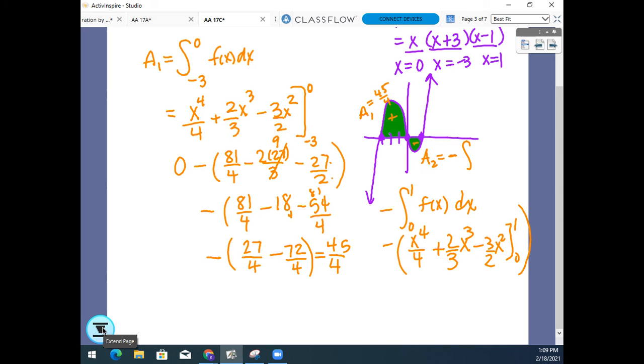Okay. So when I plug 1 in, I get 1/4 plus 2/3 minus 3/2. This is the whole top part, minus when I plug 0 in for everything, I get 0. So this should be negative.